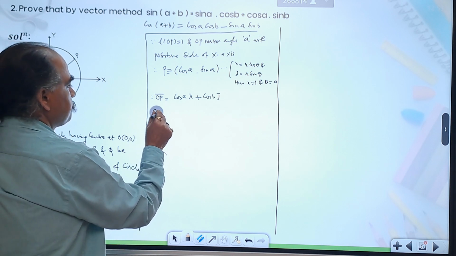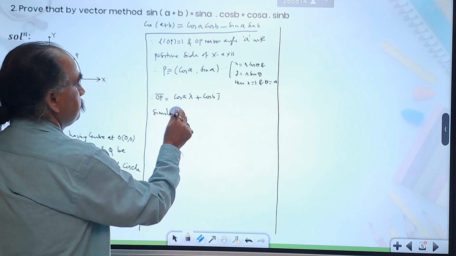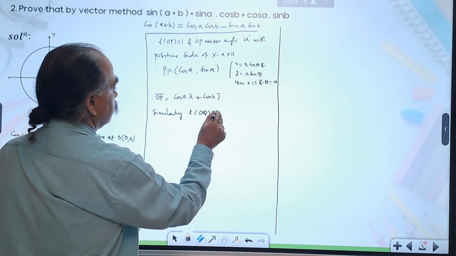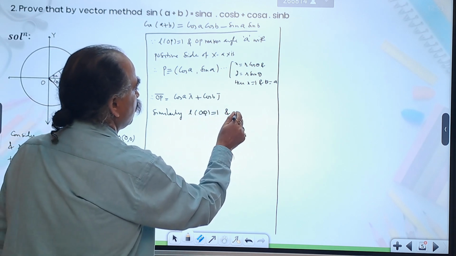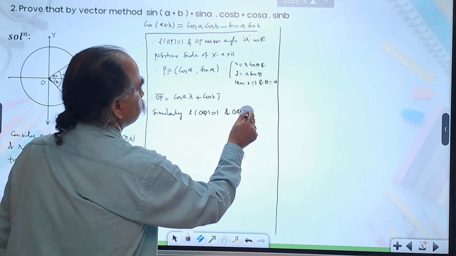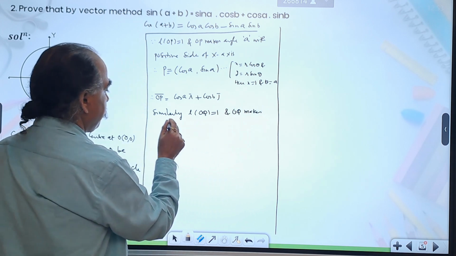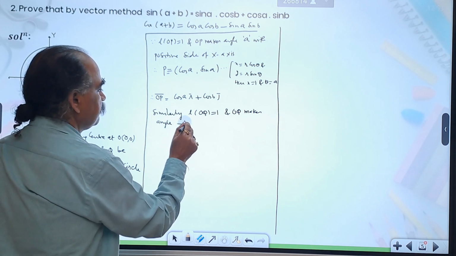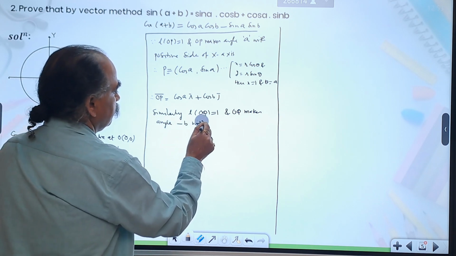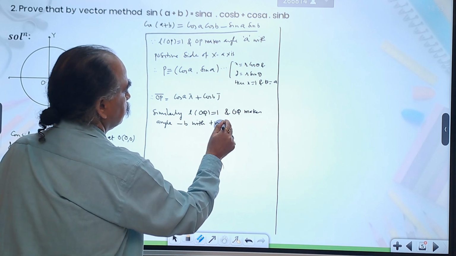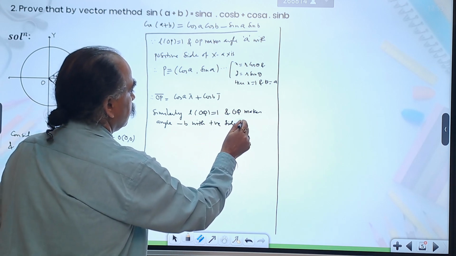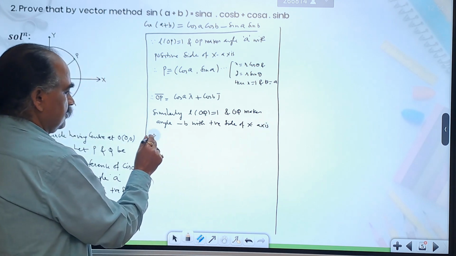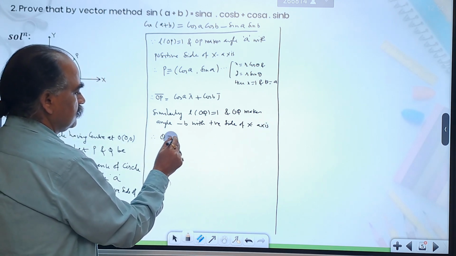Similarly, length OQ is what? 1 and OQ makes angle minus B with positive side of X axis. So Q will be what?